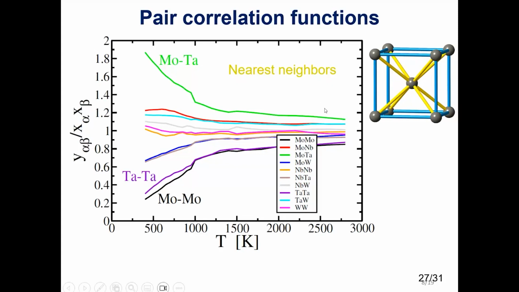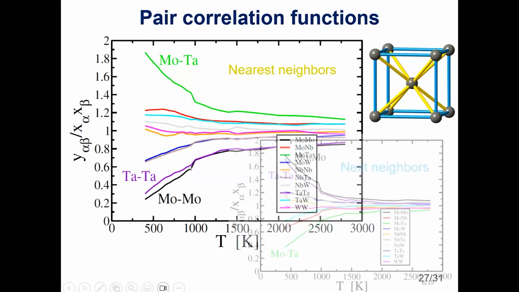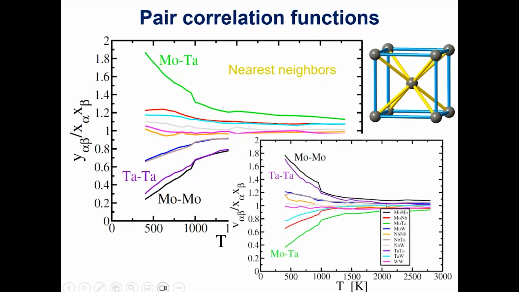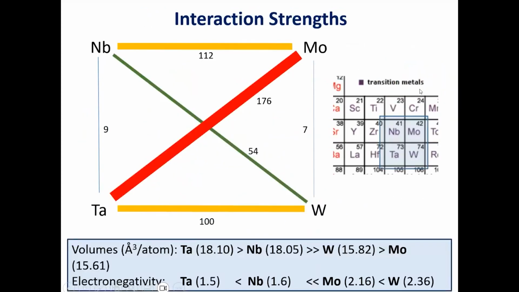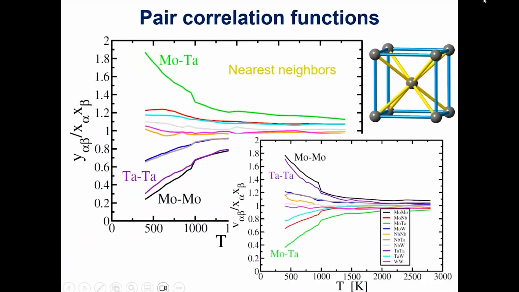The preference is weak at high temperatures, but then we pass through some sort of a transition at around 700 or 800 Kelvin, at which point there's a sudden jump in the preference or dispreference. And exactly the opposite happens if you look at next neighbors. Next neighbors are the blue bonds.